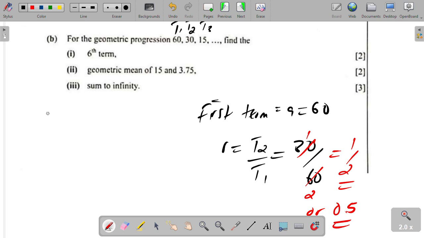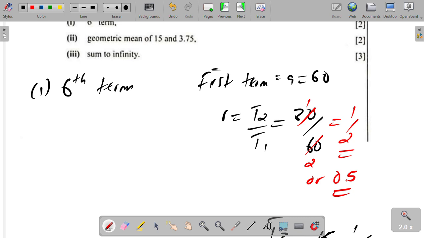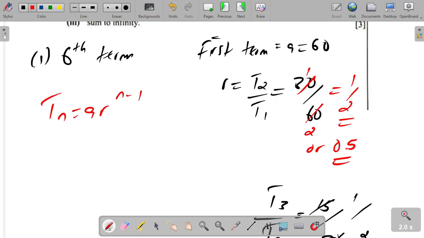Okay, so the first question, the sixth term. How do we find the sixth term? We use this formula. The formula is Tn is equal to A R to the power n minus 1.